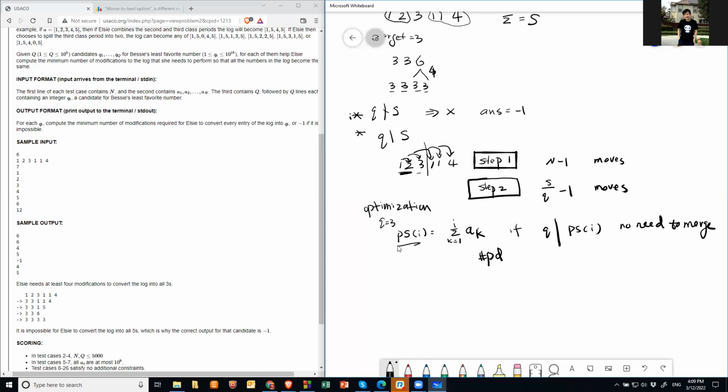Let's say if I have all those pre-sums calculated, the number of pre-sums that are divisible by Q, let's say it's PD of them, right? So then each time I have this, I don't have to combine them together and split, right? So for every one of these, I save 2 actions, right? I don't need to do step 1, I don't need to do step 2.